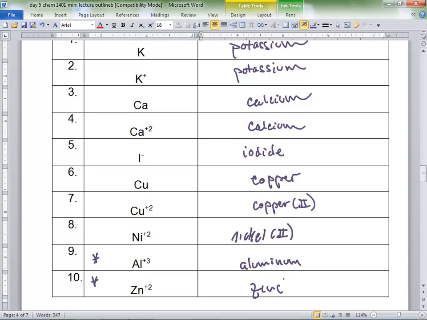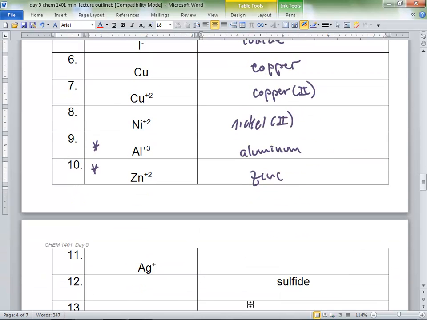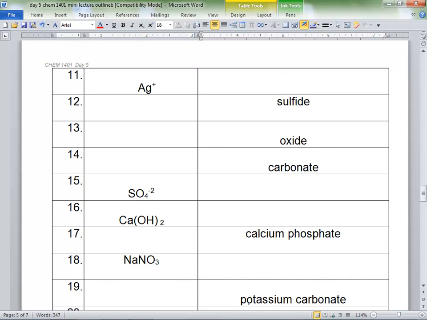Anytime they're in this group, group B, except for aluminum and zinc, anytime they're in those transition metals, you add the Roman numeral in parentheses. How about 11? Ag. It's worth a lot of money.